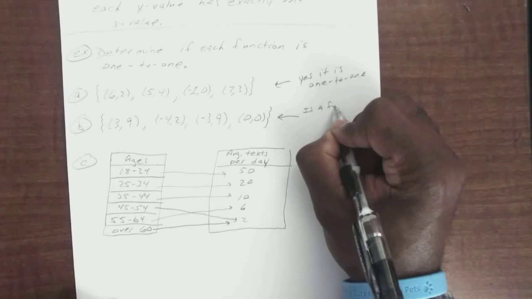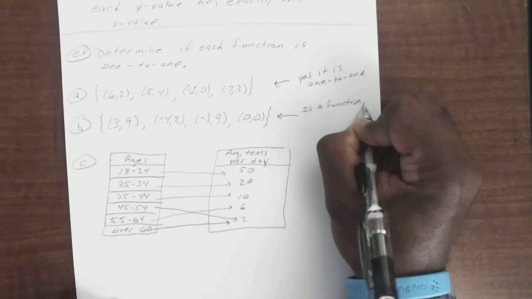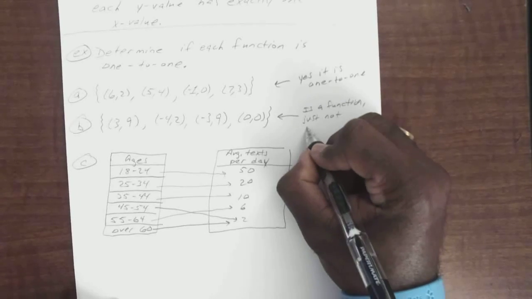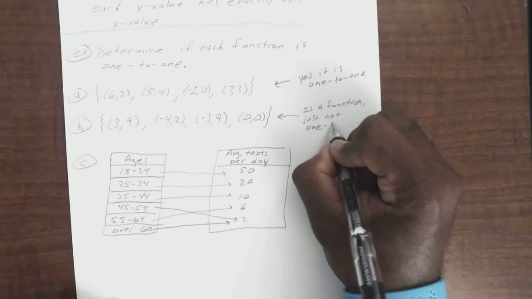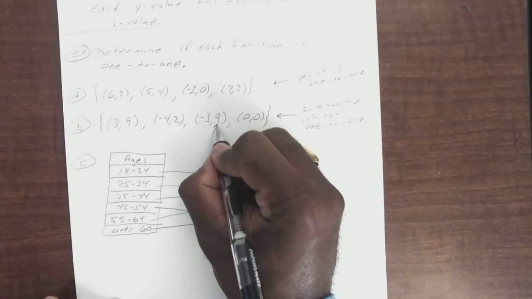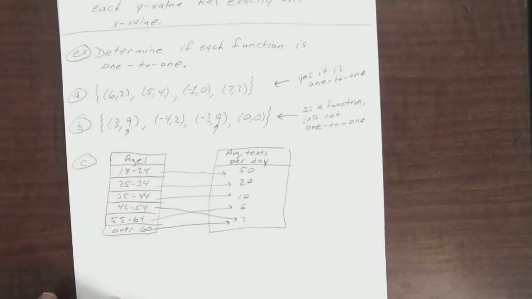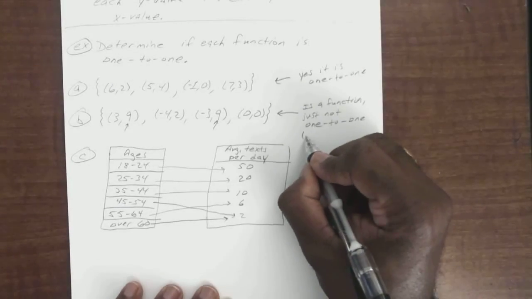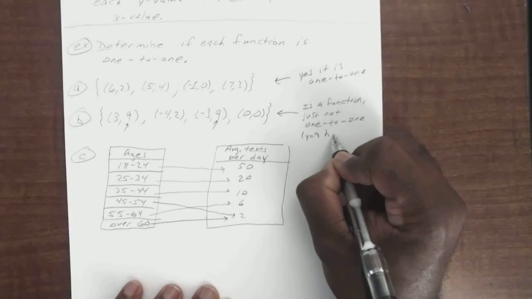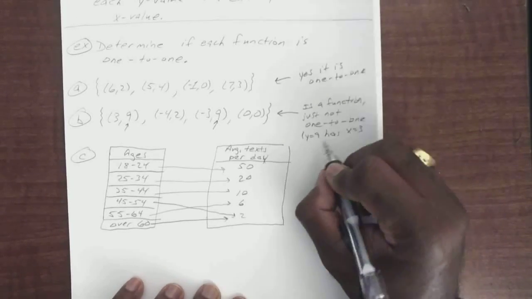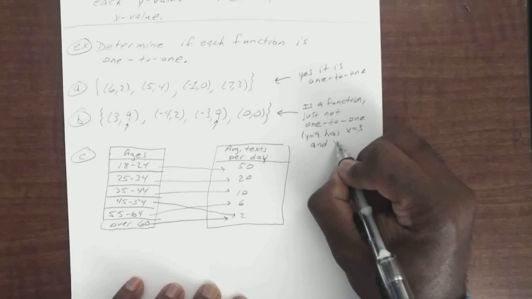So it is a function, just not 1-to-1. That's because you have that one and that one.